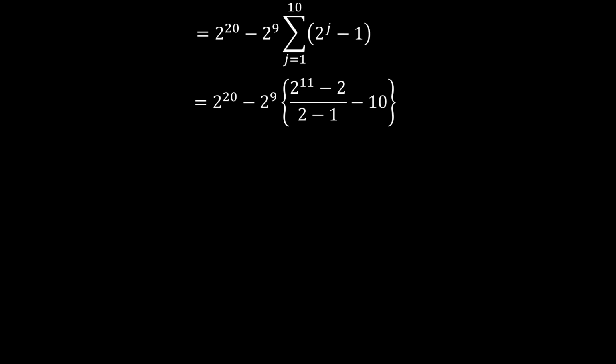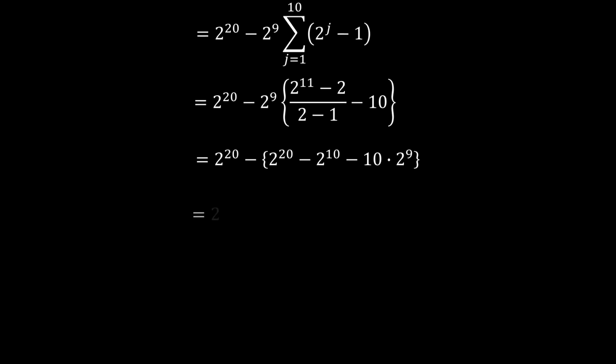And then obviously subtracting 1 ten times results in minus 10. So we have 2 to the power 20 minus, because 2 minus 1 is 1, 2 to the power 9 times 2 to the power 11, which is the same as 2 to the power 20, minus this 2 to the power 9 times 2, which is the same as 2 to the power 10, and then minus 10 times 2 to the power 9.